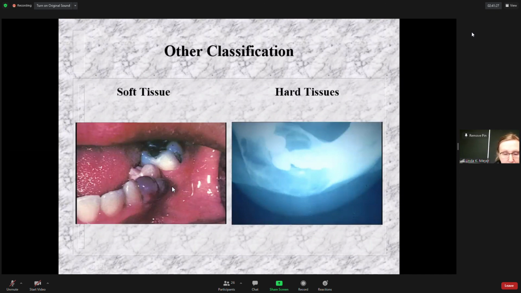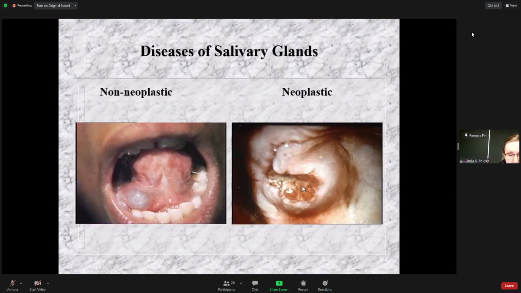So I already mentioned we're going to be looking at mucous membrane pathology, the oral mucosa, and there's also some bone lesions of the jaws. And then I mentioned that we're going to study salivary glands, and we're going to look at non-neoplastic conditions and the neoplastic conditions related to tumor formation.